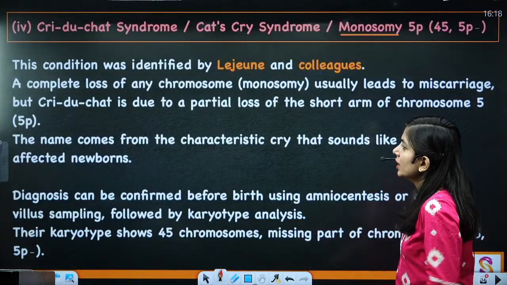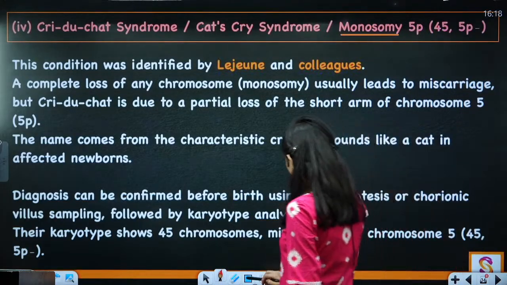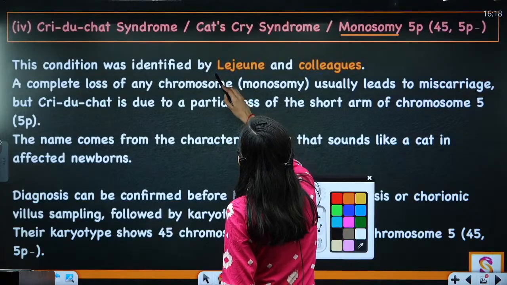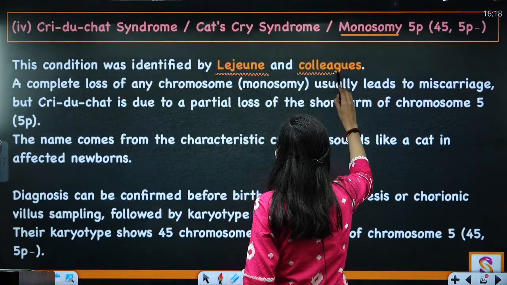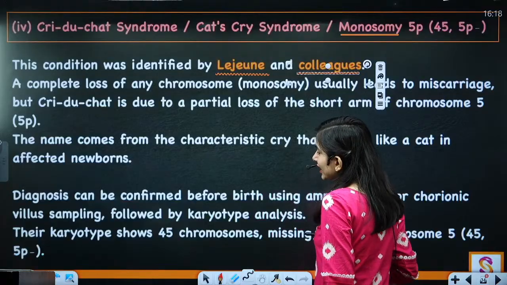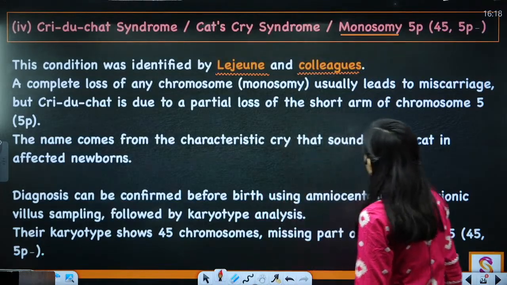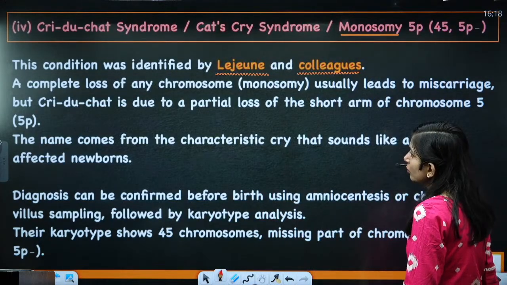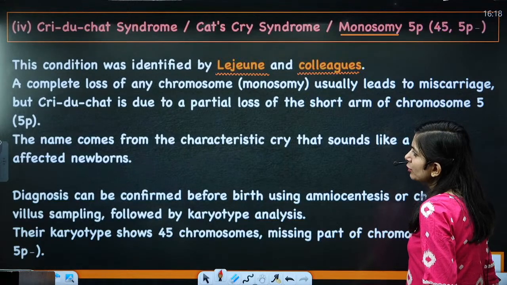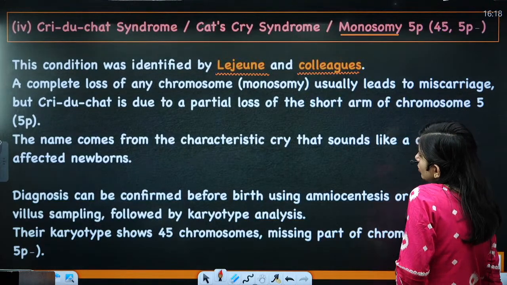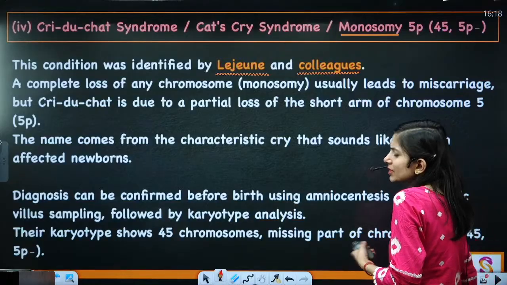Now this condition was identified by Lejeune and colleagues. A complete loss of any chromosome is called monosomy, and it leads to miscarriage. But cri-du-chat is due to partial loss of the short arm of the chromosome. That's how it sometimes happens.